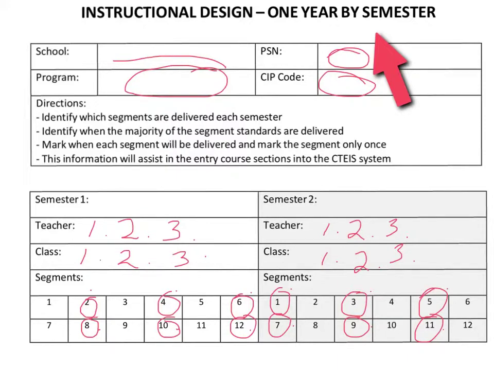That's the only way that your data can be accurate. There are actually about 2 or 3 major ways where you can get money recaptured. This is one of them. If you don't have the segments placed properly, you won't have any completers in your program. That's a long discussion, but it is very, very important that this sheet is correct.